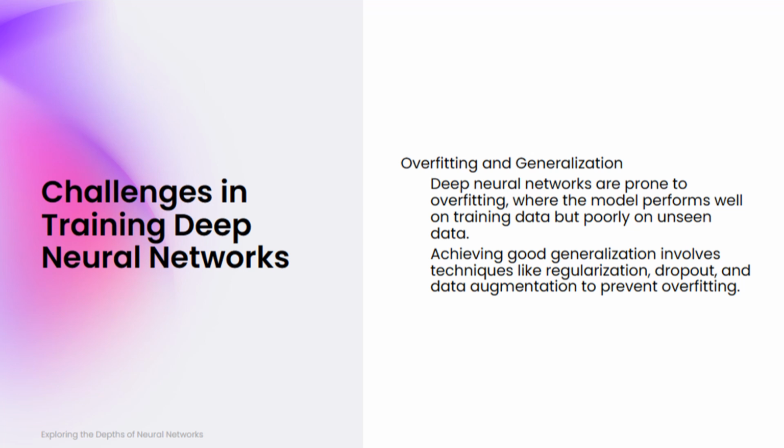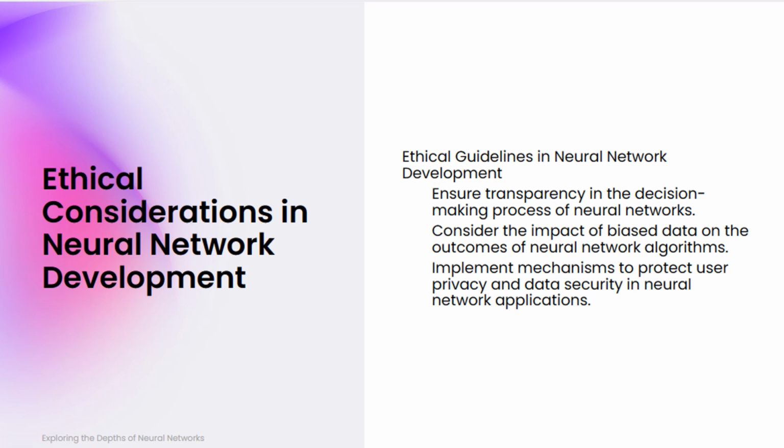We use these techniques. Now let's discuss some ethical things that we need to take into consideration while developing neural networks. Number one, we have to ensure transparency in the decision making process of neural networks. How do they make the decision? We need to make sure we transparently document that. We need to consider the impact of biased data on the outcomes of neural network algorithms.